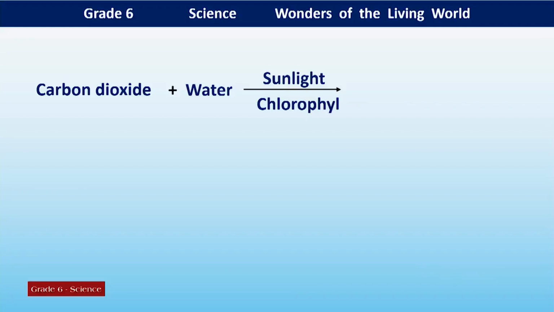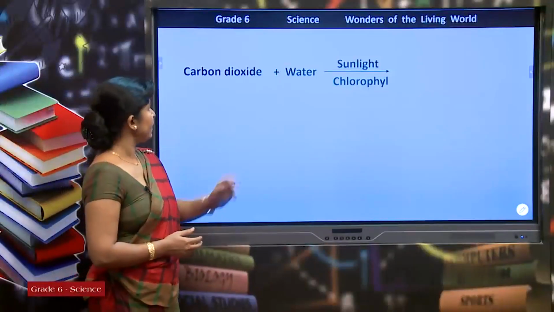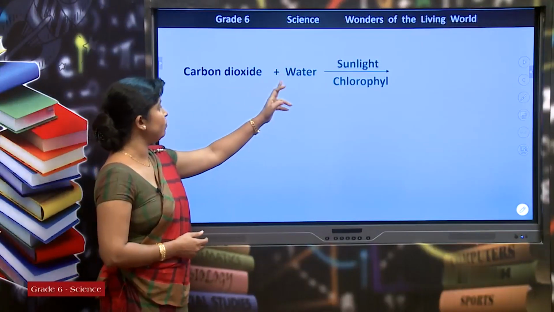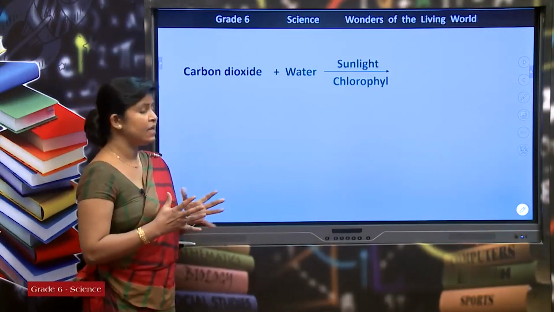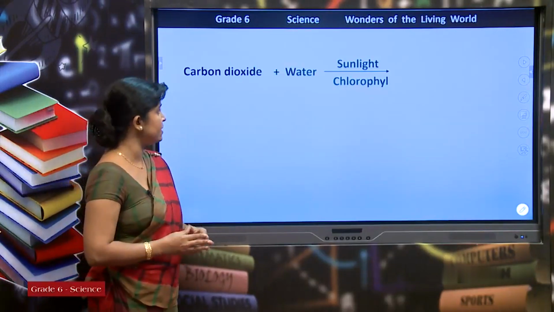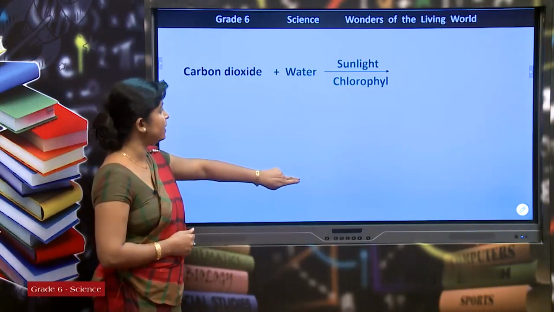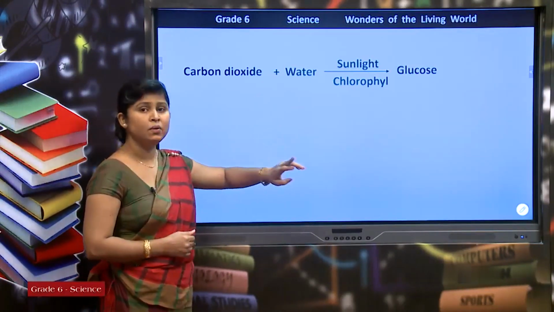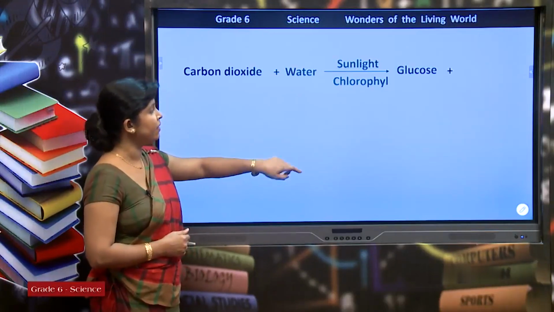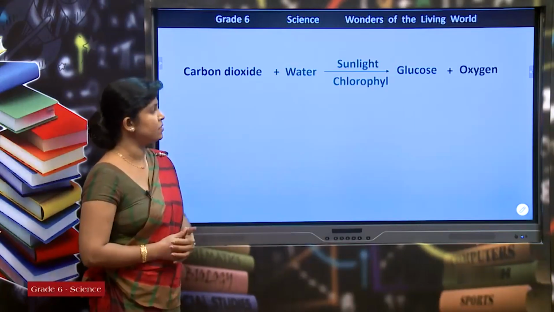Chlorophyll means a special color pigment which is available in green plants. Then, with carbon dioxide and water as raw materials, in the presence of sunlight and chlorophyll, the green plants can produce glucose, and the byproduct is oxygen.